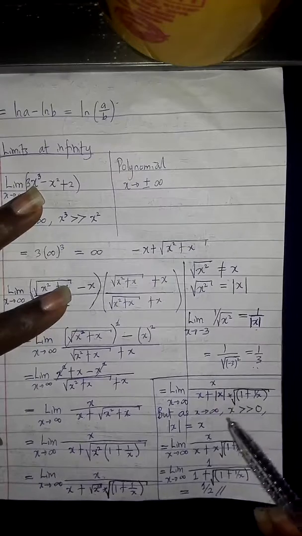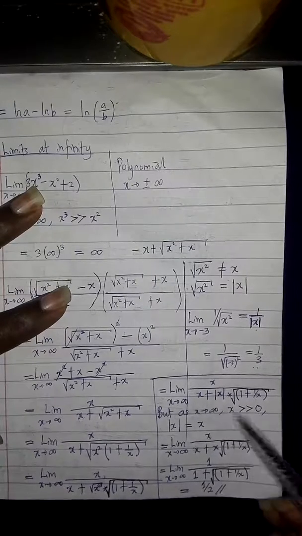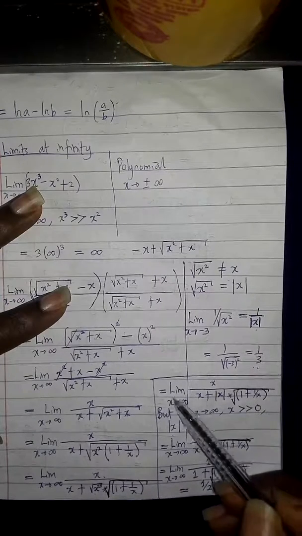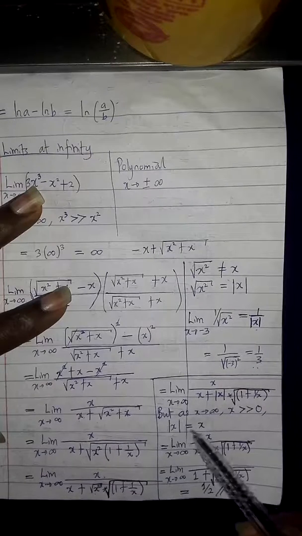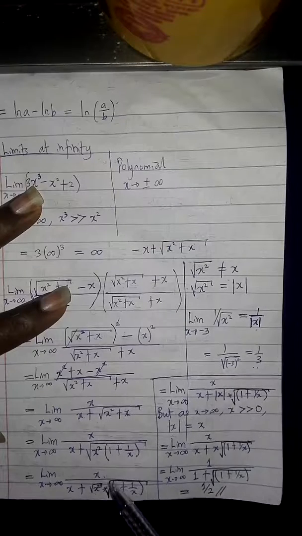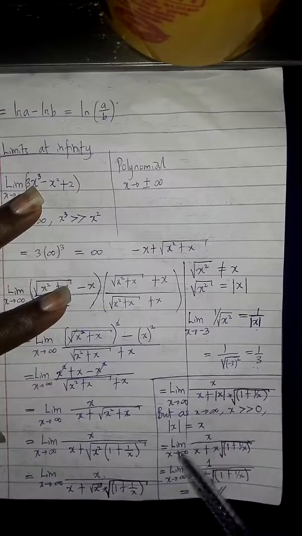And since x approaches infinity, x is far greater than 0. Because in the neighborhood of what x approaches, the modulus of x is equal to x, it is fine to interpret the square root of x squared as x. We did that here and got our results.